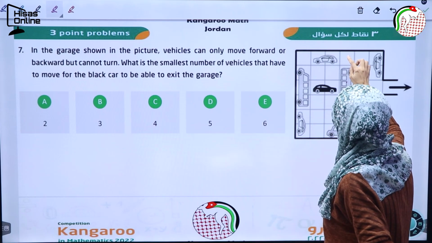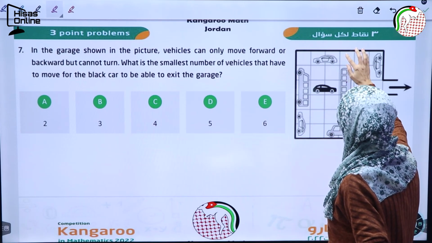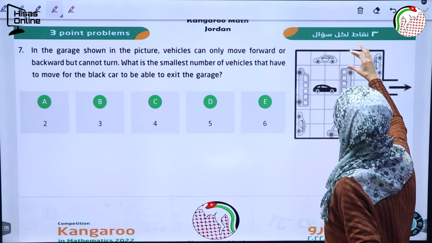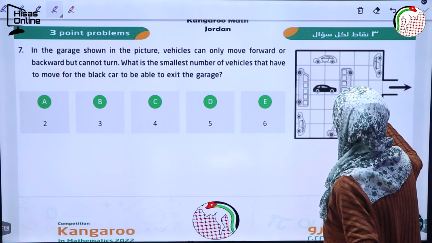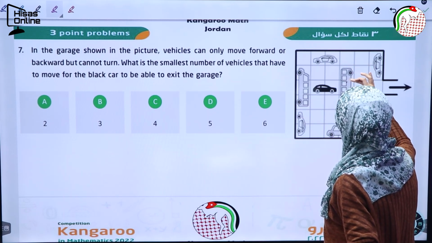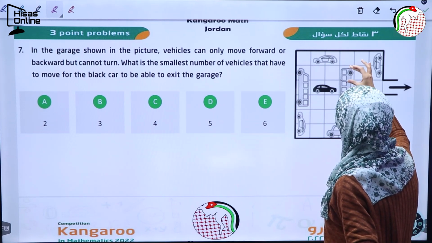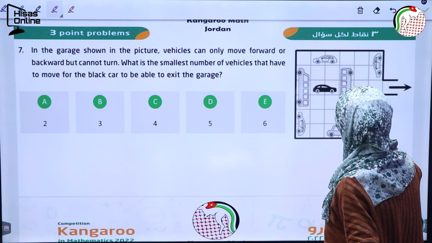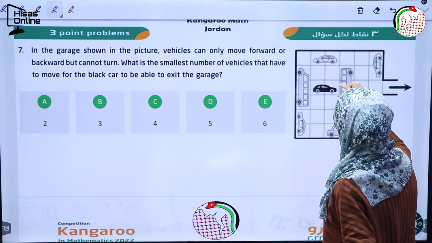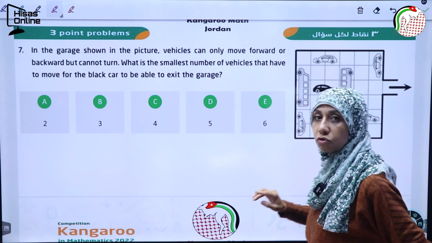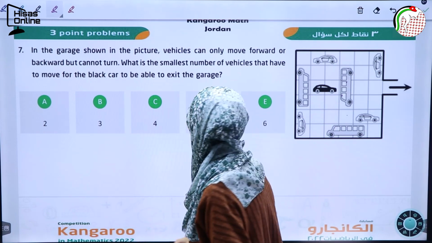If it moves backward, I will not have any benefit, because I would save only 1 square. So I need to move it 2 squares, 1, 2. If it moves here, I can have this black car free to move out.